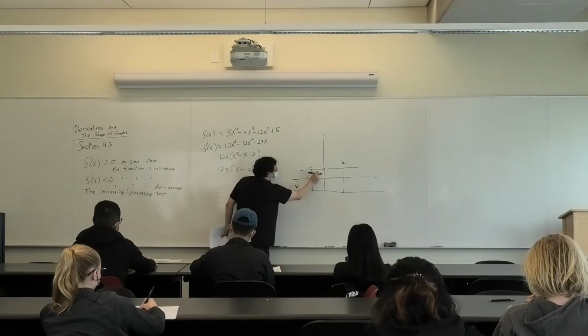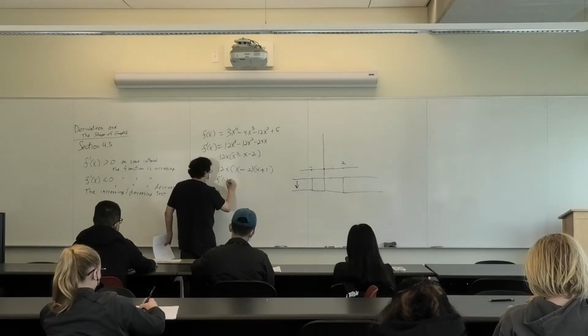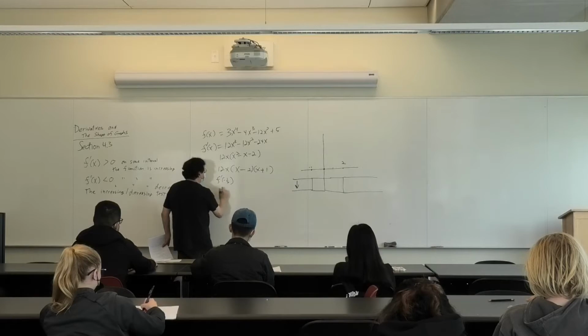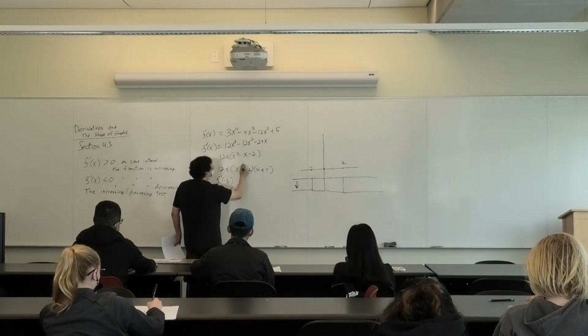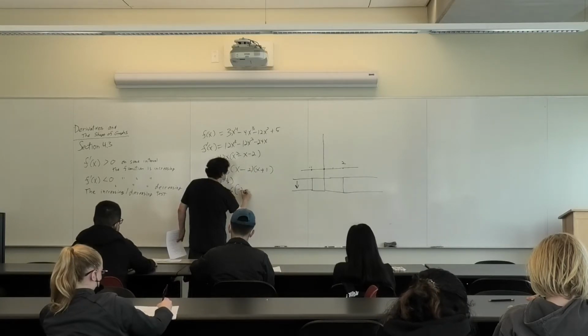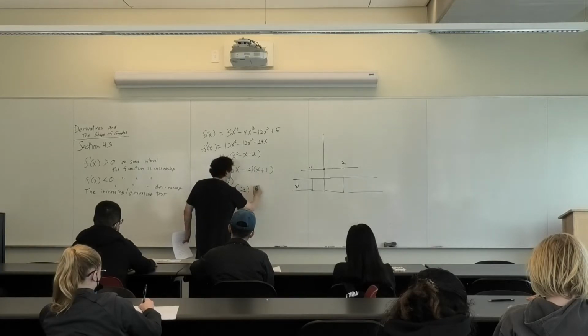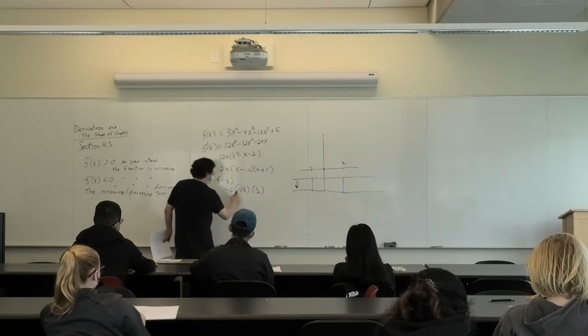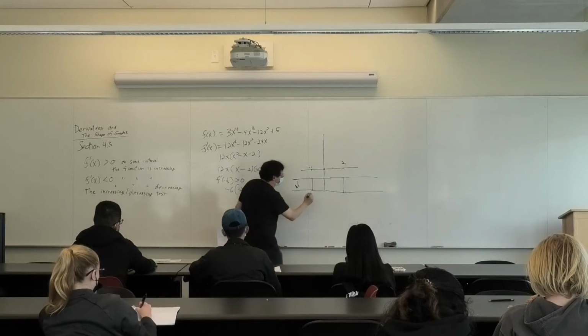Over here, we can try f prime of minus 1/2. So 12 times minus 1/2 is minus 6. Minus 1/2 minus 2 is minus 2.5. And minus 1/2 plus 1 is just 1/2. 2 minuses, so this is greater than 0. It's increasing.